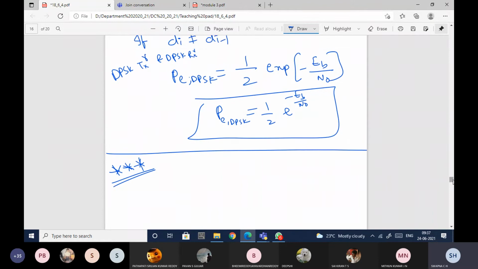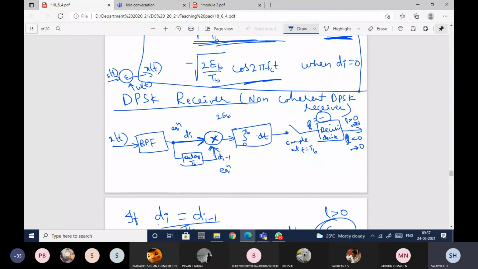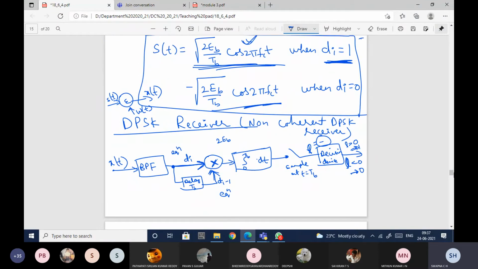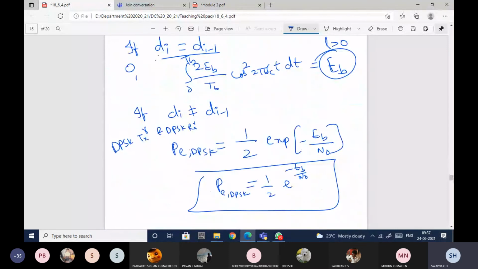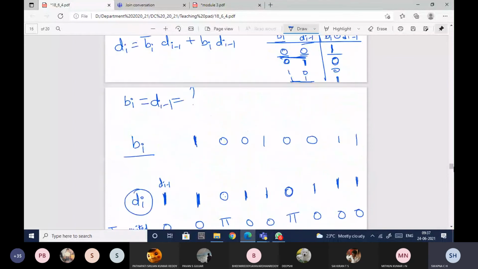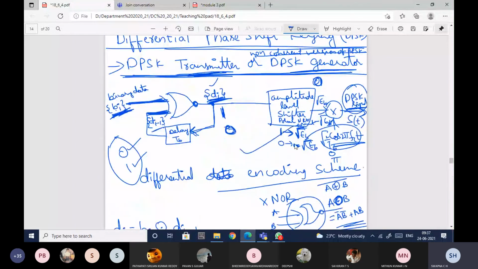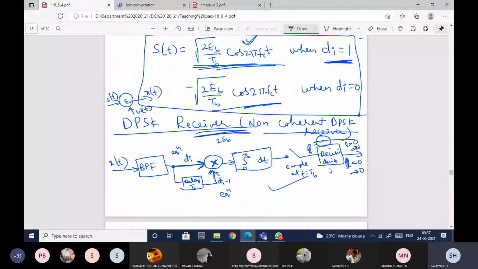Understand the question correctly. Whatever we have seen here is non-coherent DPSK. When they ask you to just explain the DPSK transmitter and DPSK receiver, you have to explain this one and this one.